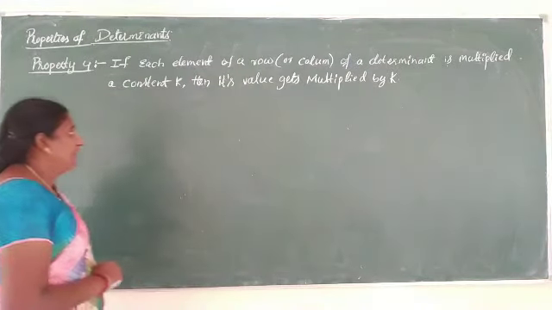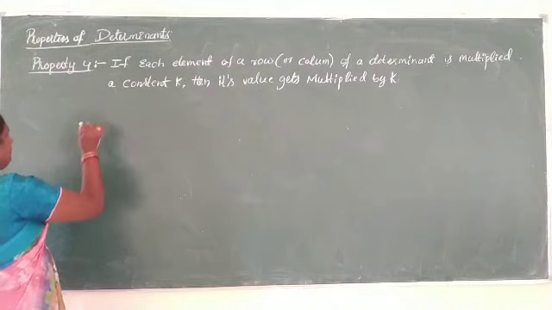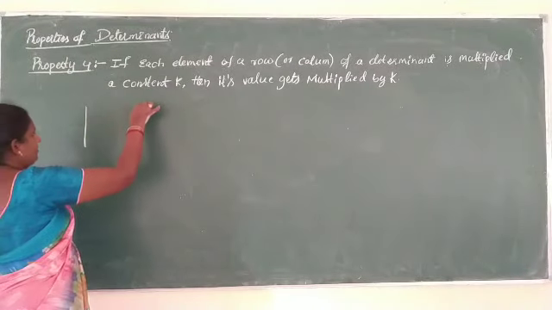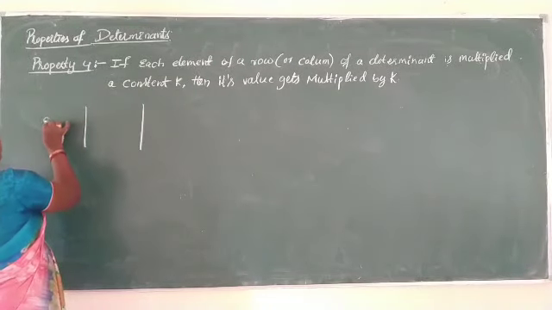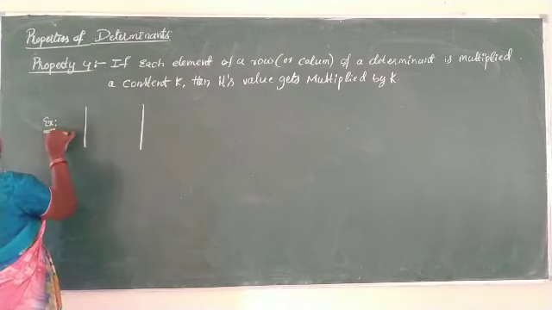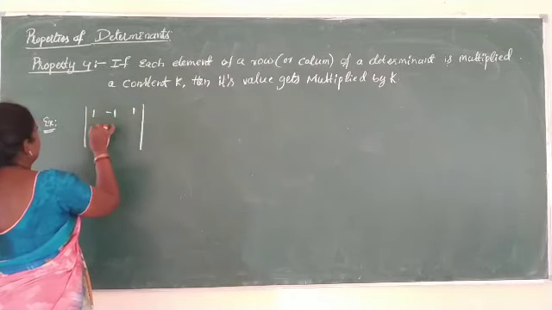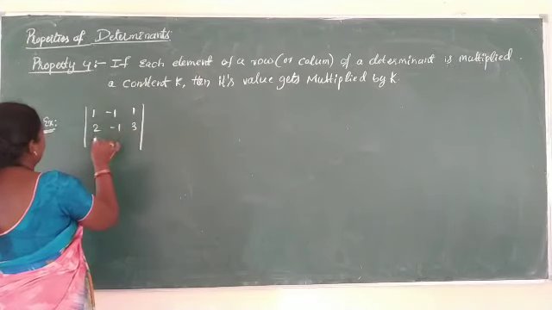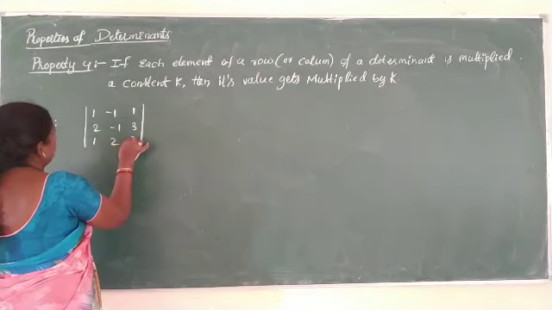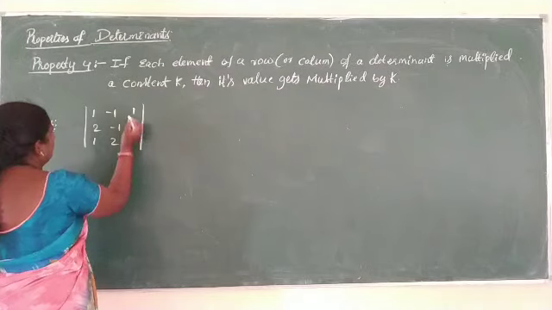So I will explain this by an example first. Suppose you take a general determinant with rows 1, -1, 1; 2, -1, 3; 1, 2, 4.